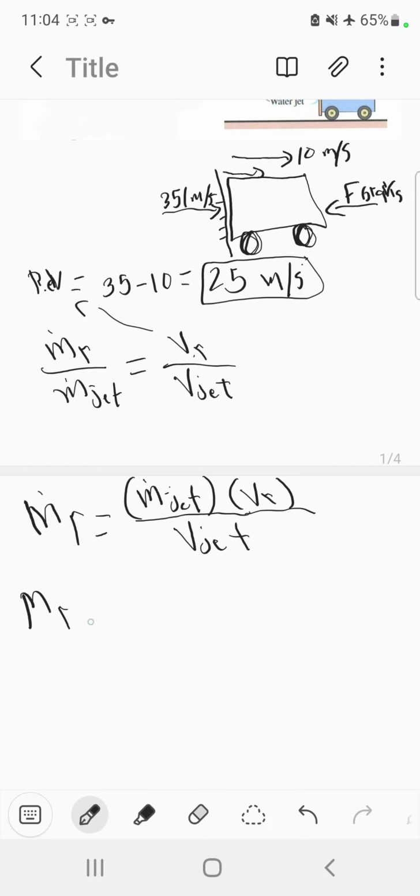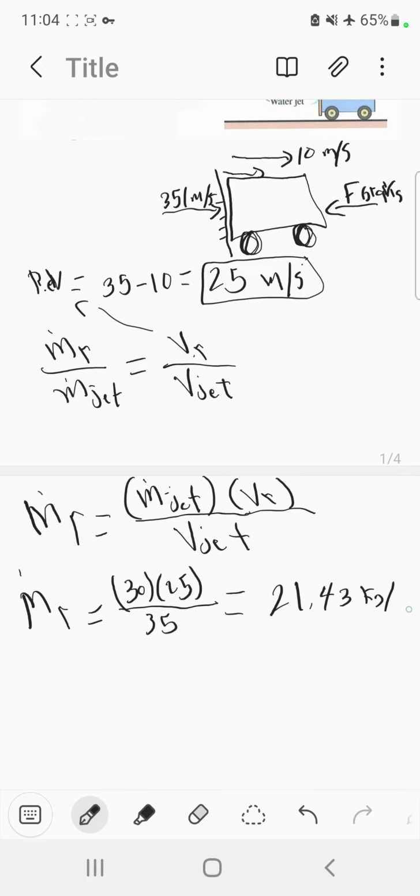So the mass flow rate is going to be 30 times 25 over 35, which is 21.43 kilograms per second.